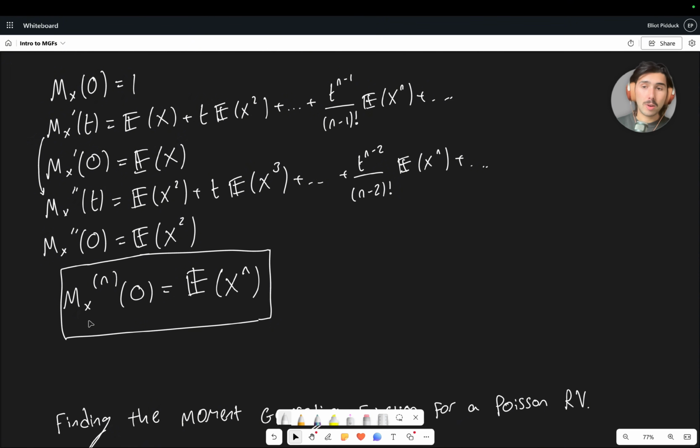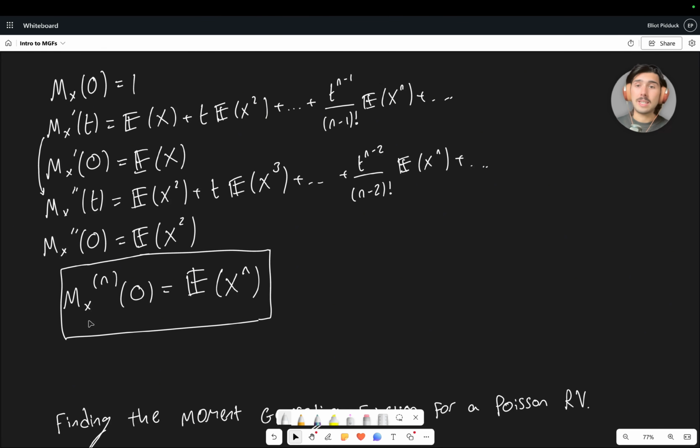So the moment generating function, the nth derivative of it, evaluated at 0, will give you the expected value of x to the n. So not only is this a really nice way for a lot of quite difficult standard probability distributions, you can do this for anything, the geometric, the binomial, the Poisson, the normal, you can get the moments of all of these different probability distributions using this idea.